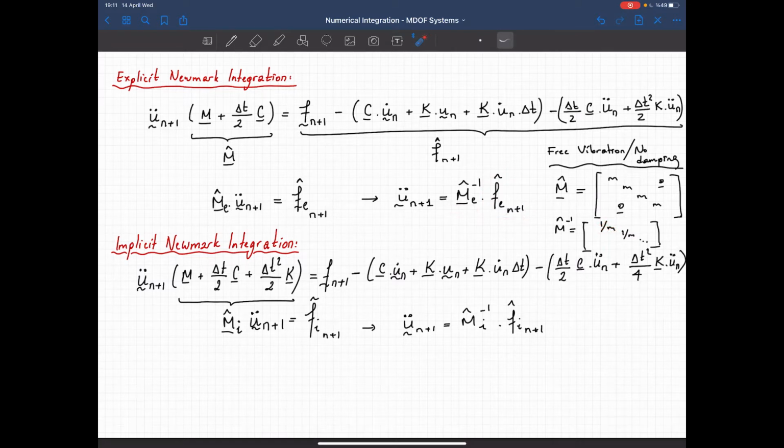That's very fast. It's just matrix vector multiplication, and here we only have matrix vector multiplication and summations. So these matrix vector calculations are at the order of n.